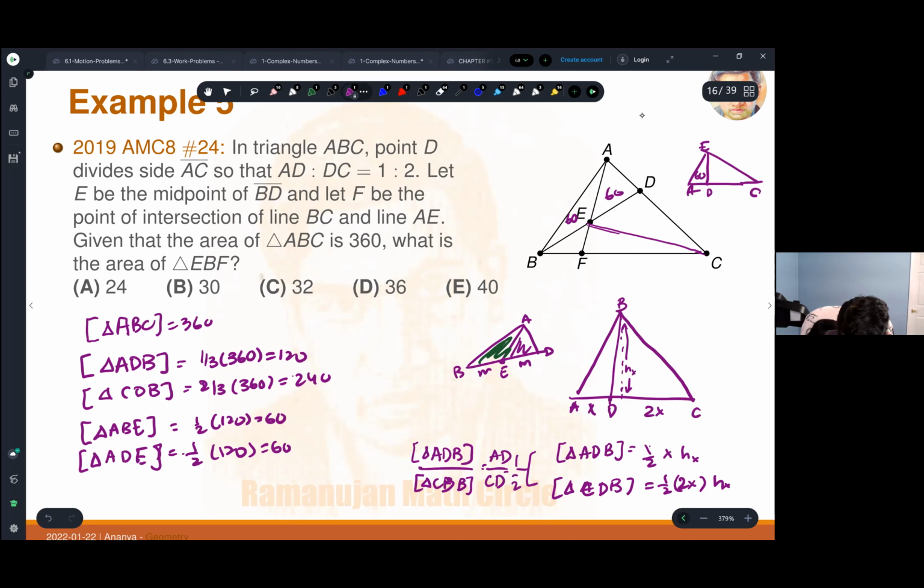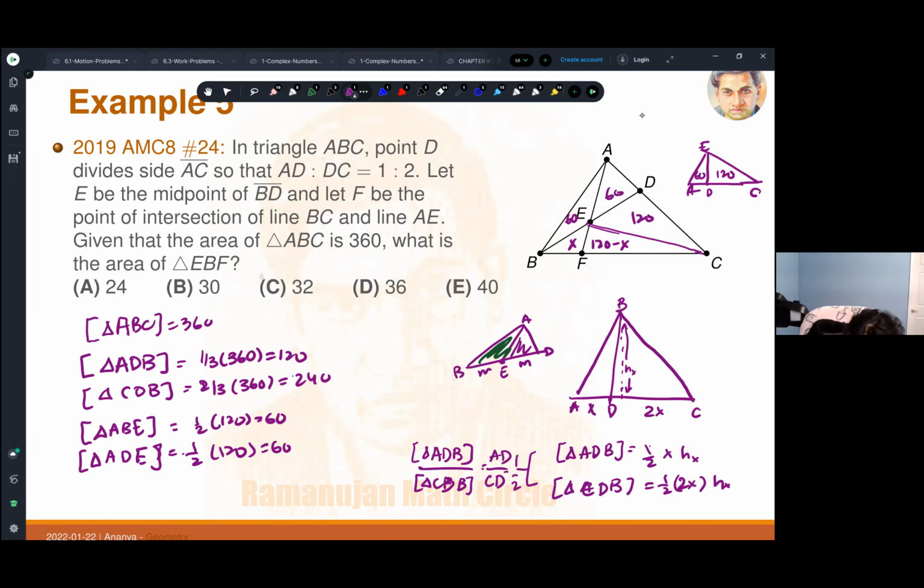So remembering that AD over DC is equal to 1/2, we know that this triangle is equal to 120, so this is 120. This is x, and this ought to be 120 minus x because the sum of all the areas needs to be 360. Okay, so now we have this.